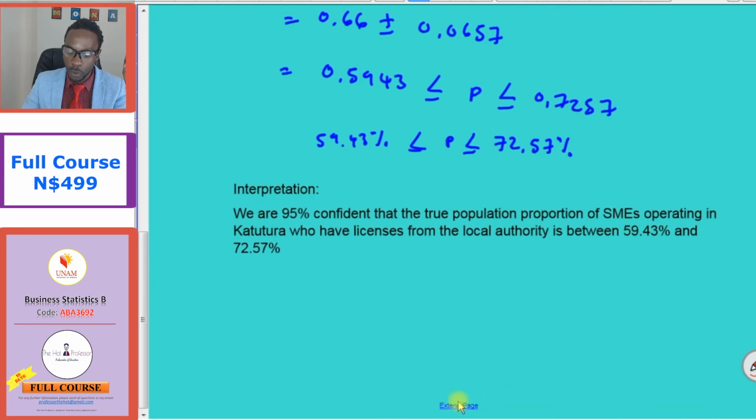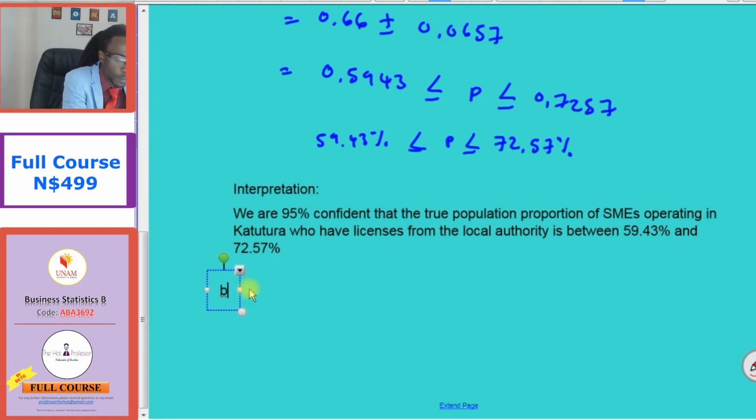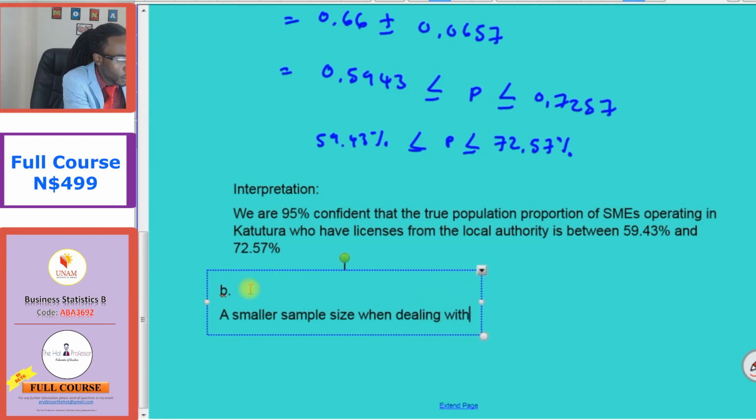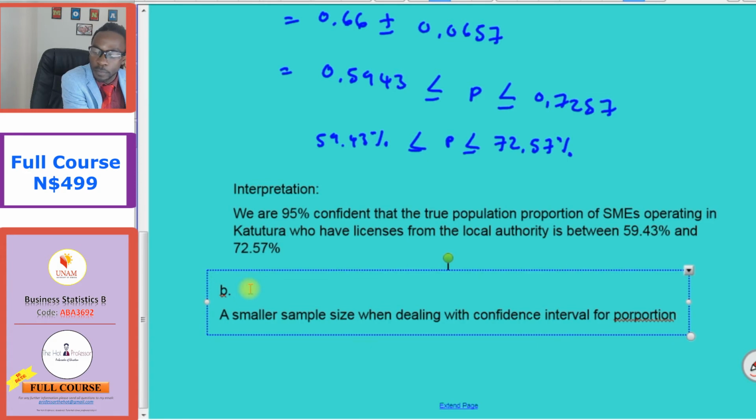All right, so part B. We know that a smaller sample size, but this only applies when you're dealing with confidence interval for proportion, right?